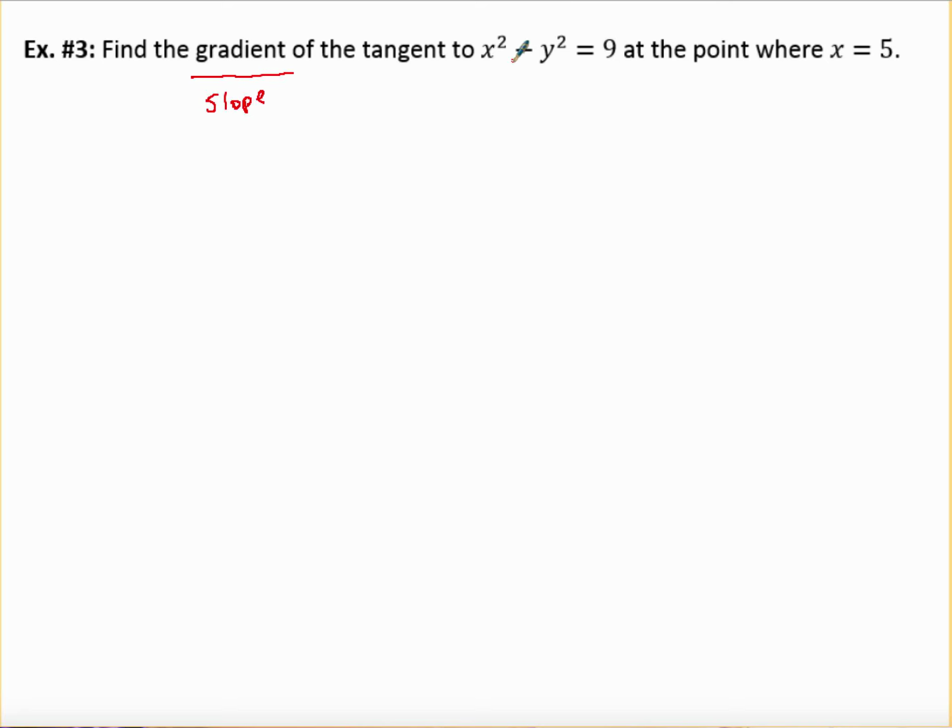So here we go. X squared, the derivative of x squared is 2x. Derivative of negative y squared is negative 2y dy dx. The derivative of 9 is 0. Let's get dy dx alone. I'm going to subtract 2x to the other side.